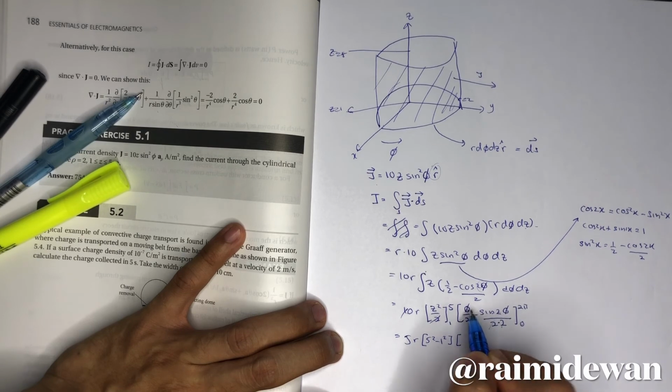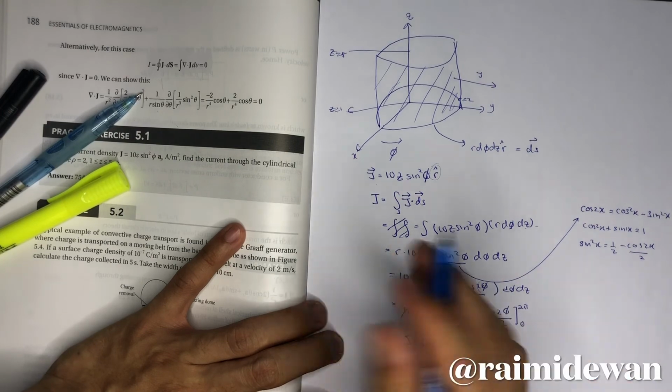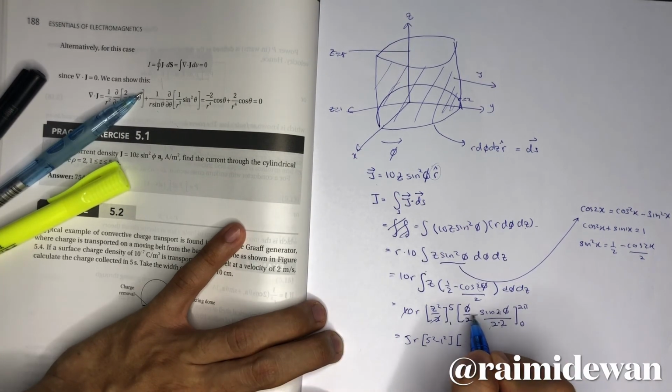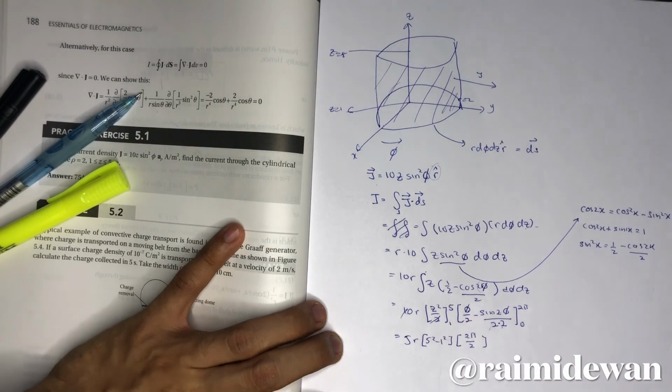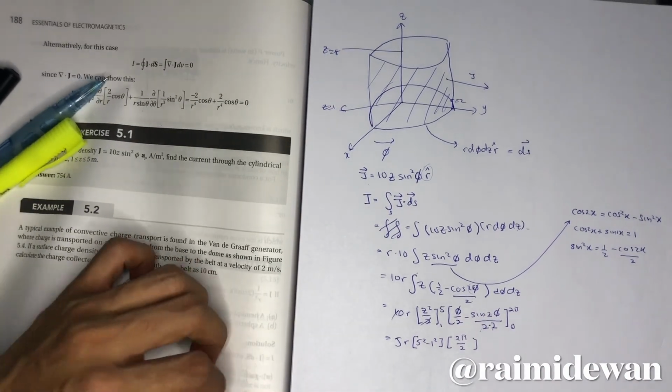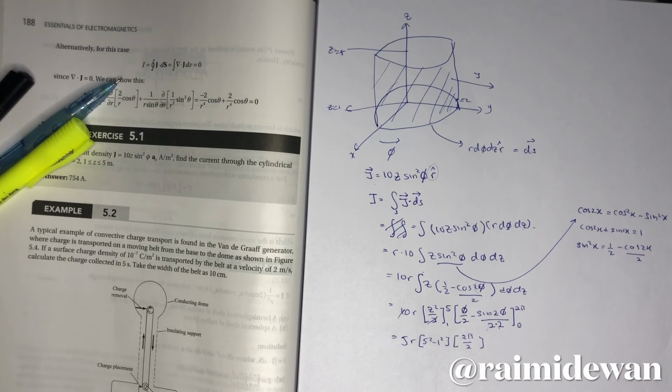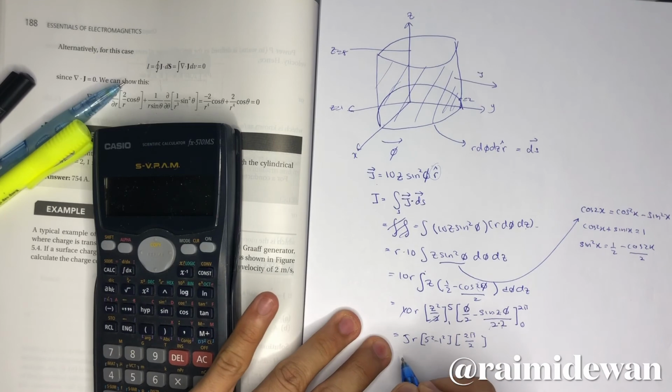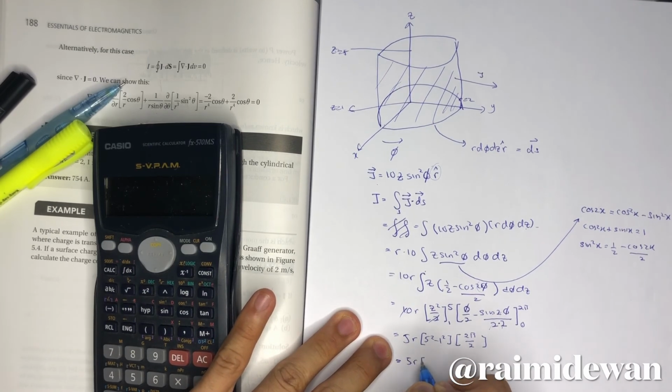So we just take 2π over 2. Then 5r, and inside 25 minus 1 gives 24. Then you have π.